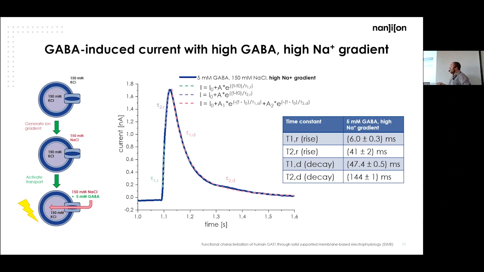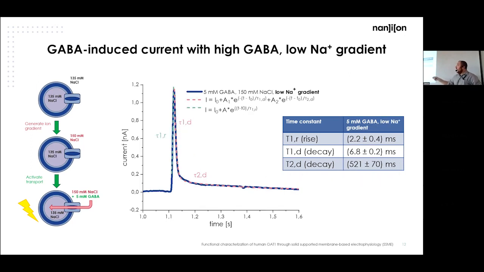So what I did was, let's try and kill the sodium gradient and see what happens. Here I filled up my vesicles with very high sodium chloride, and then I generated a very small sodium gradient because I had 135 millimolar sodium chloride inside, and then I perfused outside with 150 millimolar, so the gradient is just 15 millimolar sodium chloride. Then again, I activate with oversaturating GABA.